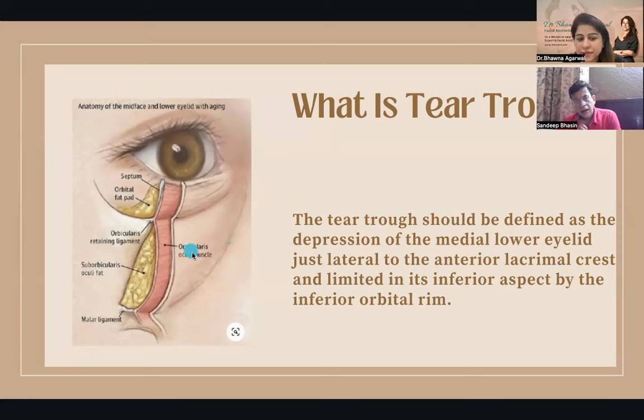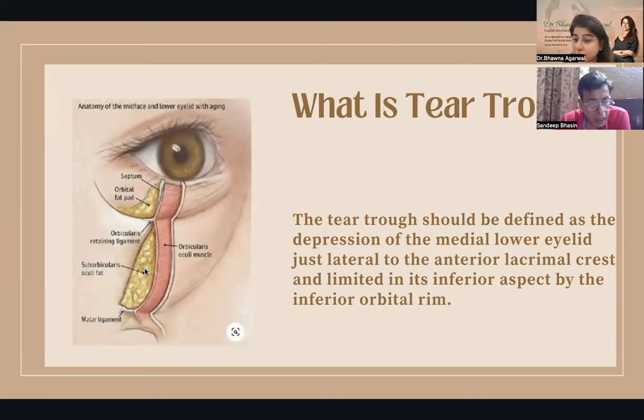If we consider this triangle, the roof is formed by the ORL and the floor is formed by the ZCL. At the backside, we have the superficial fat and deep SOOF. SOOF is deep fat. Then we have the muscle, above it a thin layer of fat, and over that the skin. So it is the SOOF that we are injecting in.